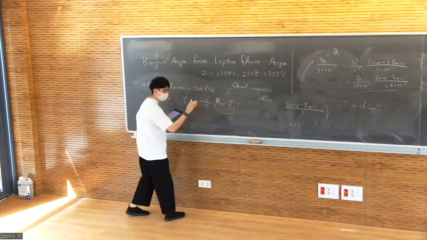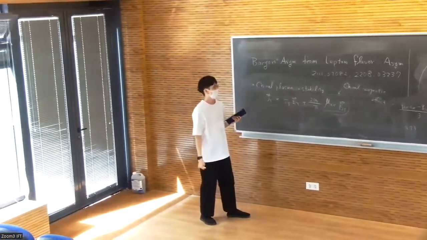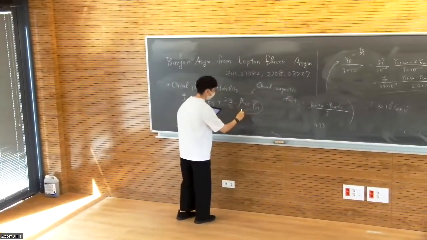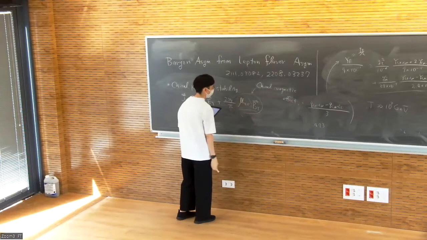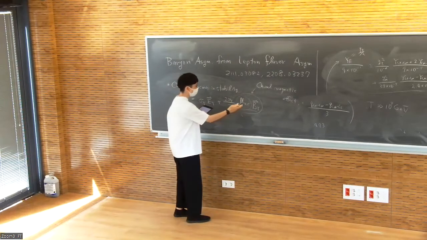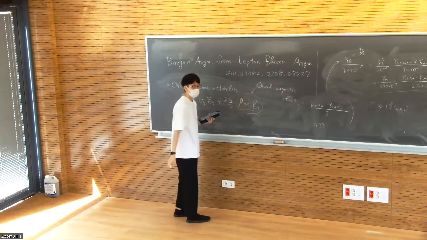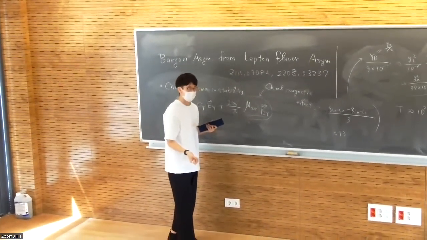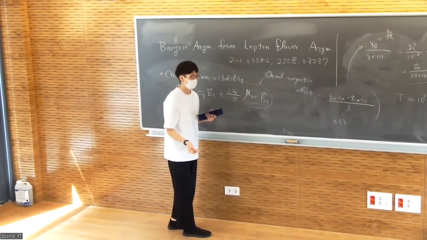So if you have this, mu is proportional to the thermal mass of the photon? Where is the chemical potential coming from? It's just some thermal plasma. This mu is actually a linear combination of the chemical potential of the standard model. Is it proportional to the density?